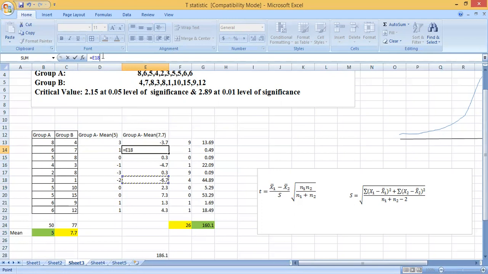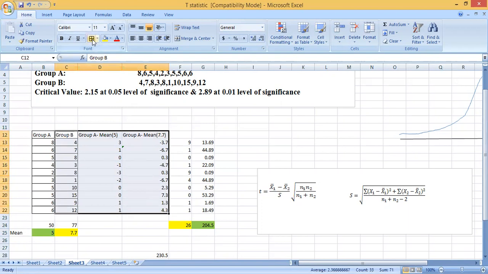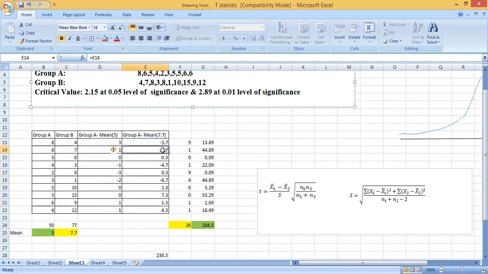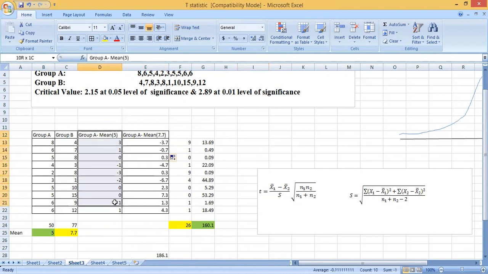Now I have done all these things. I'm calculating it again. Now I have to take the square of each element of this column.